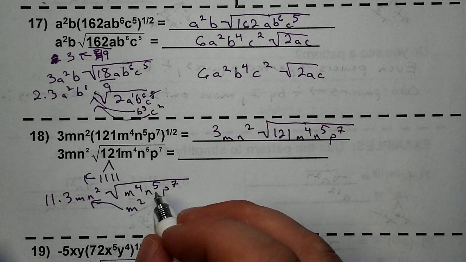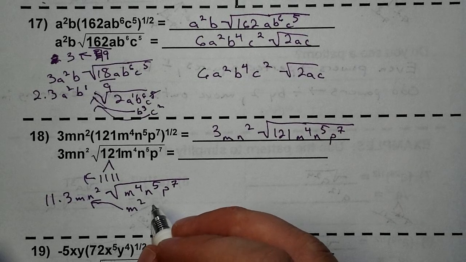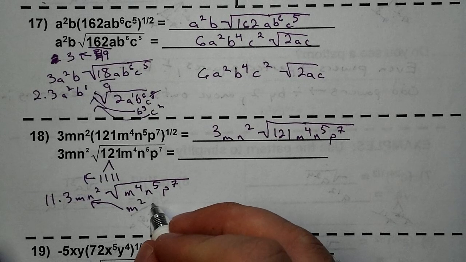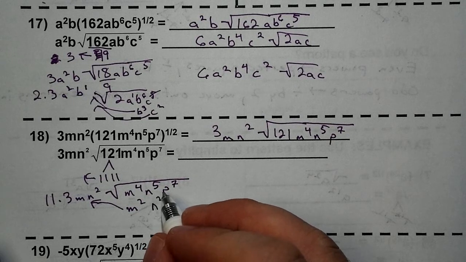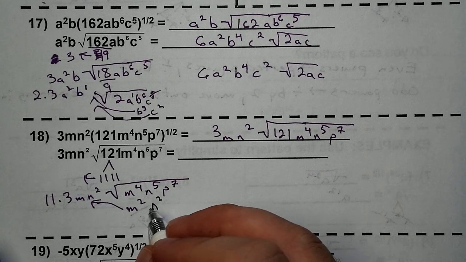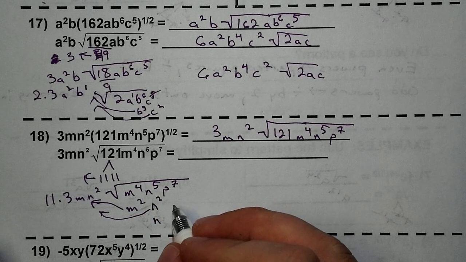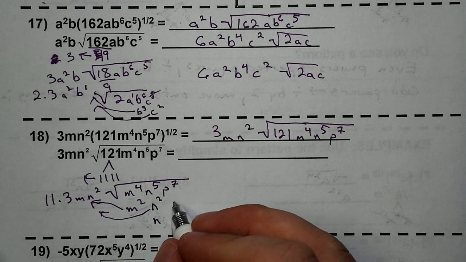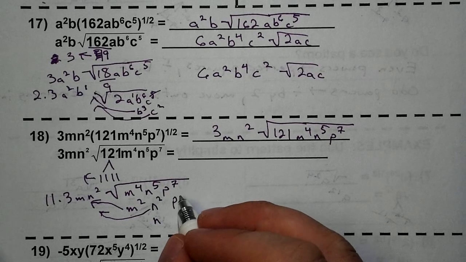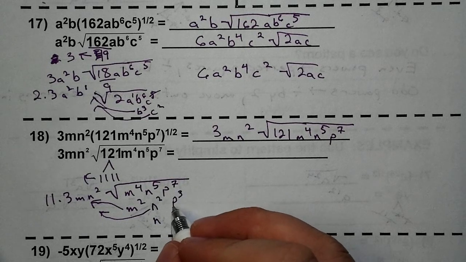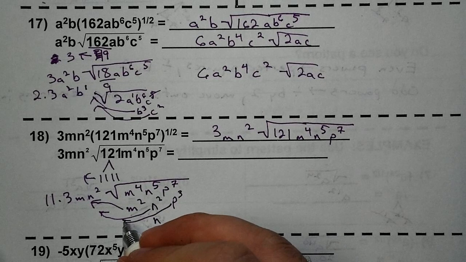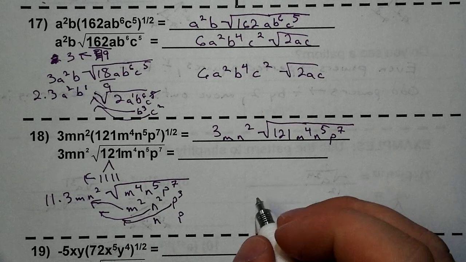The closest we get to the even number is n to the 4th. So that's going to be n squared coming out, and there's going to be an n left over. P to the 7th means p to the 6th is the closest even number, and that means p to the 3rd is half of that. That's coming out, and there's going to be 1p left over.